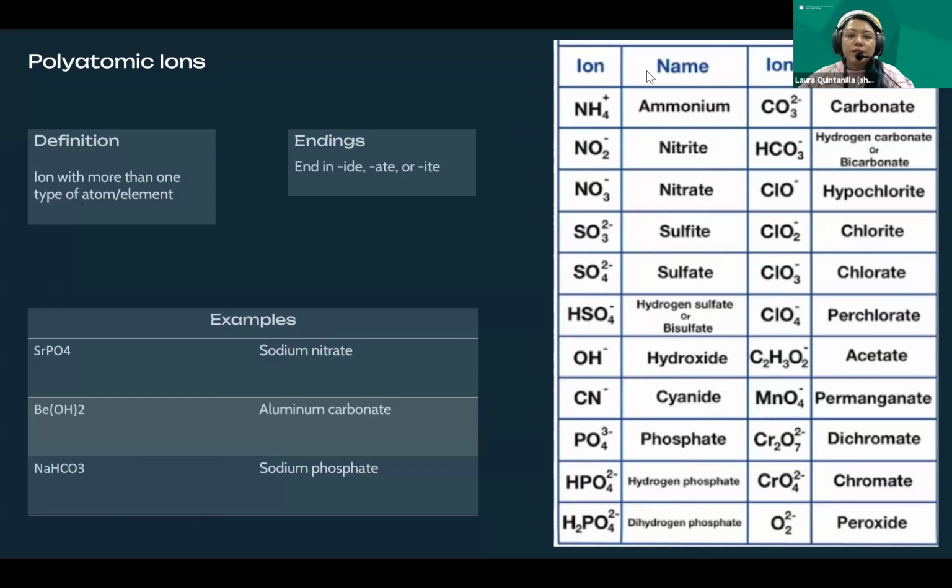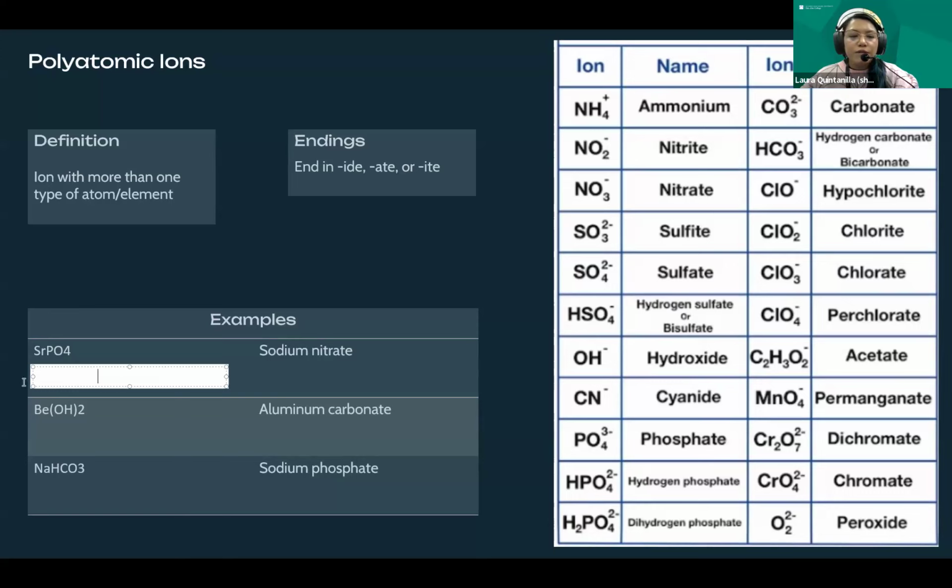Let's look at some examples. Like this first one, SrPO4. Sr is strontium, so we're going to type strontium. And then PO4, you just look for it on the table.